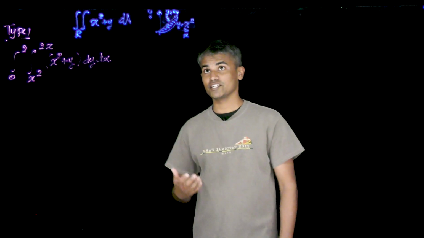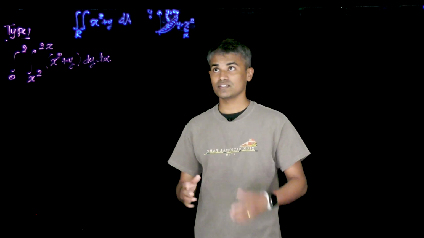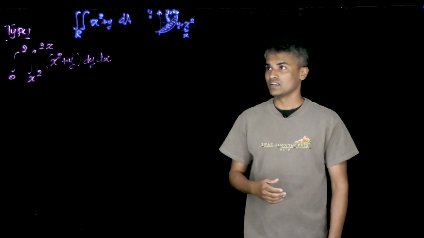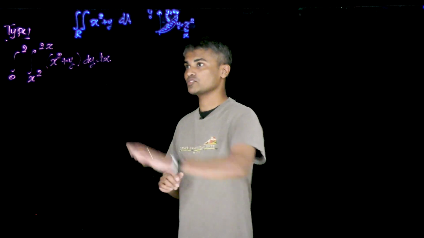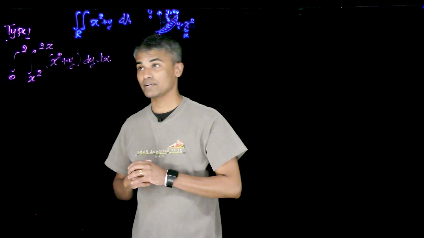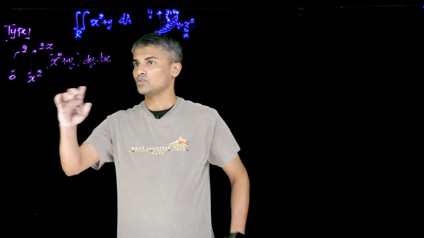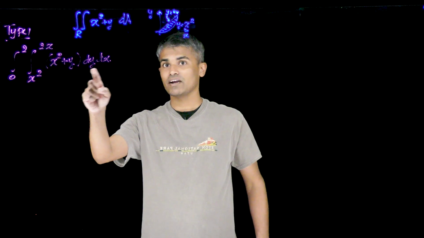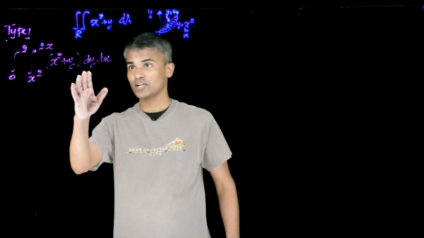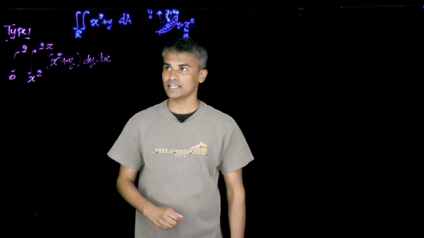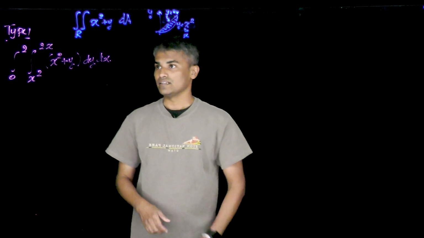In the previous video we set up this double integral using type 1 and type 2. In this video I am going to solve the type 1 double integral. Here my order of integration is dy dx. It means first we integrate with respect to the y variable and then with respect to the x variable.